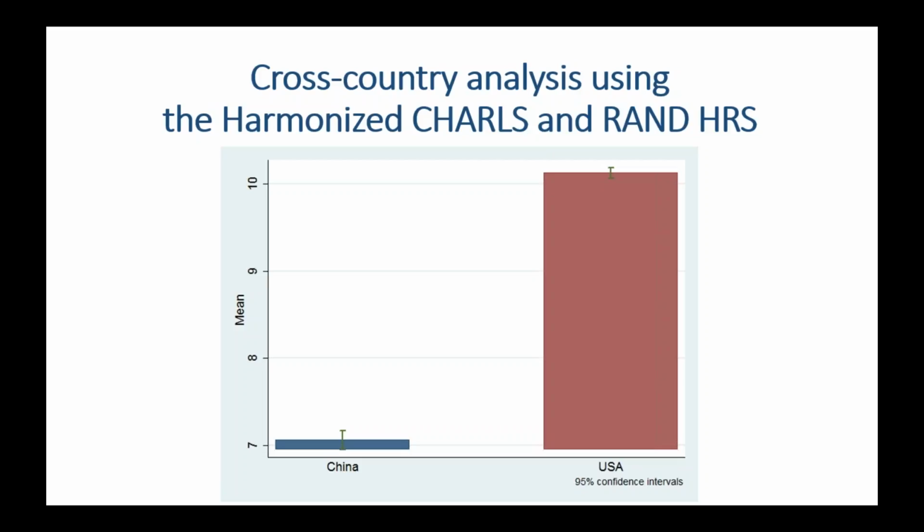It's not terribly interesting or explainable to say, oh, well, people in the US are able to remember on average 3 more words than people in China who are 51 and older. But what might be more interesting is to say, hey, the gender difference or the age gradient that we see in China is different than the age gradient that we see in the US. And that's this difference in differences.